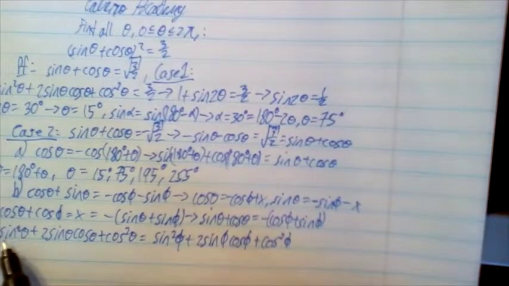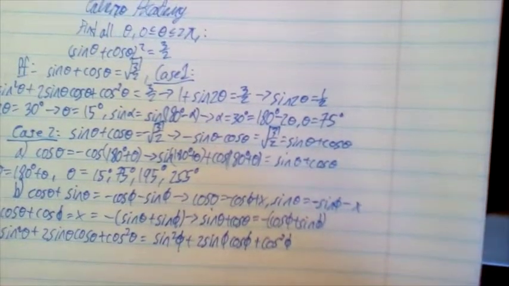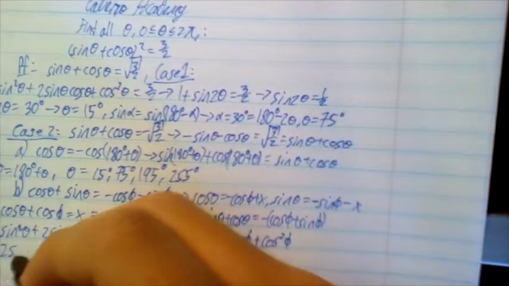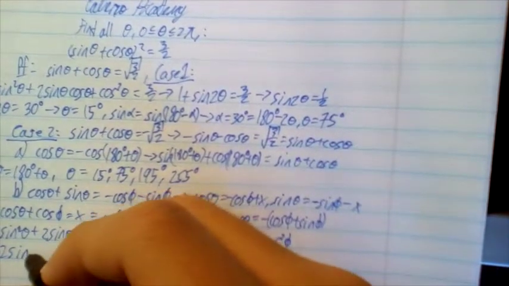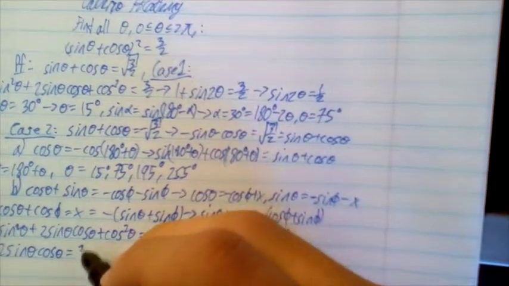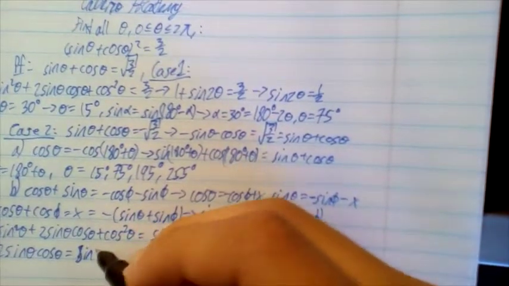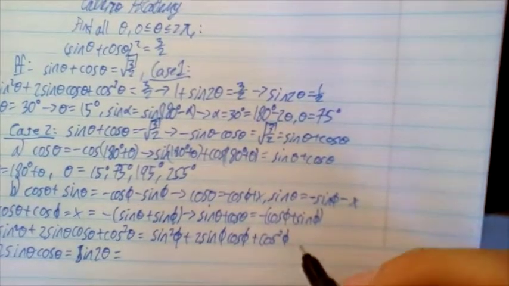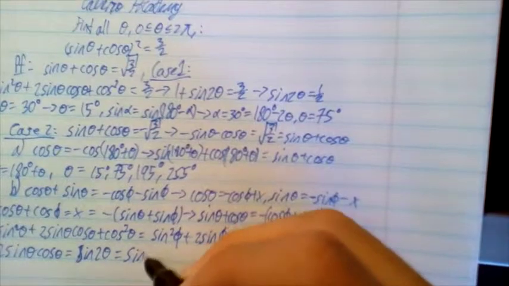But since we know that sine squared plus cos squared is equal to 1, we can subtract 1 from both sides, and we get that 2 sine theta times cos theta, which is equal to sine of 2 theta, is equal to 2 sine phi times cos phi, which is equal to sine of 2 phi.